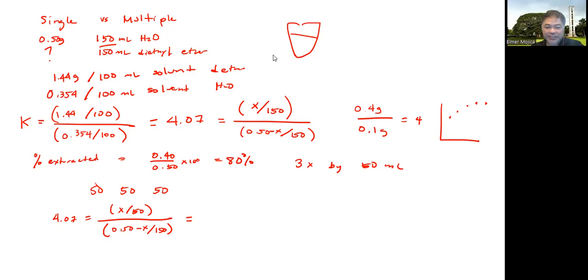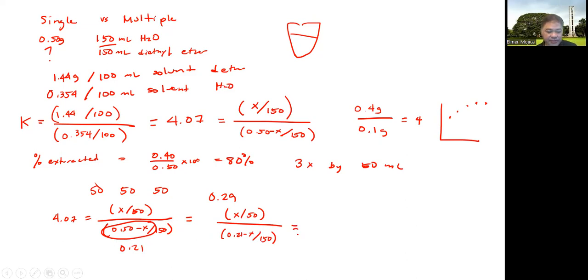So the first extraction, you get 0.29. After the first extraction, how much was left in the aqueous layer? You have 0.21, right? Then you do it again. You add the fresh amount: x over 50 equals 0.21 minus x over 150, for the second extraction.